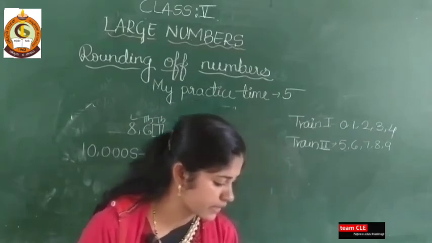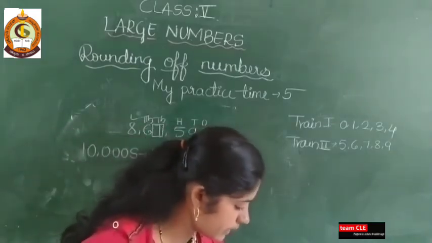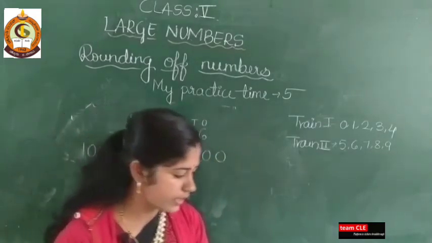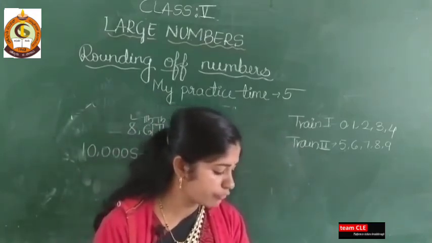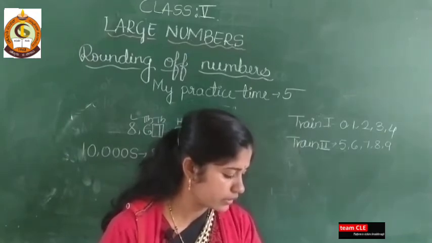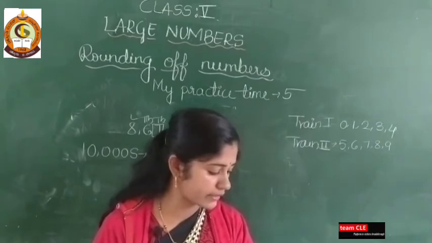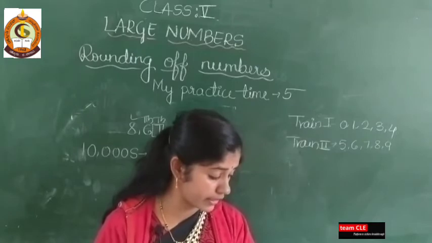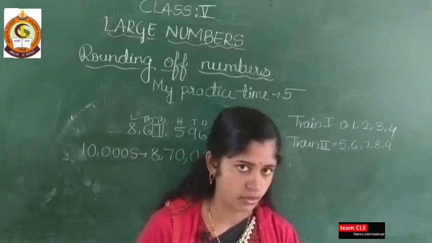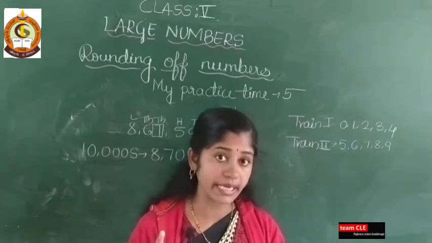This is my practice time for you, page number 86. See here, one more question is there. The total number of vehicles in 4 major cities of Japan is 3 crore 18 lakh 78,917. Round off this number to the nearest hundreds, thousands and 10,000. This is the fourth question on page number 86.